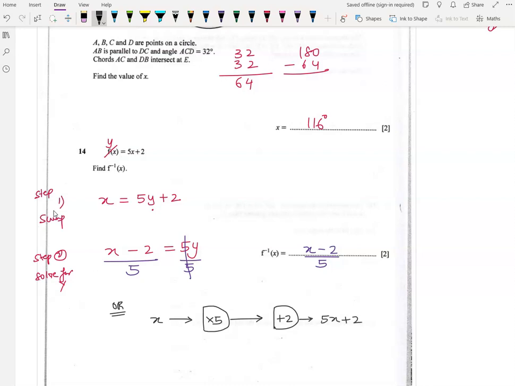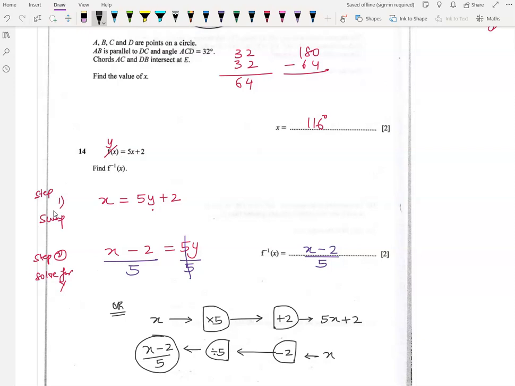Now to find the inverse function, we draw the reverse function. So plus 2 becomes negative 2, and times 5, when you do the opposite operation, becomes divide by 5. So x enters the machine, you subtract 2 and then divide by 5. So you get x minus 2 divided by 5, and this is your inverse function.